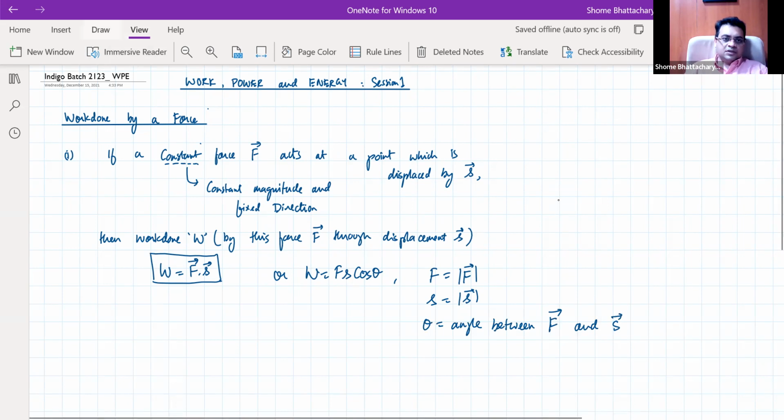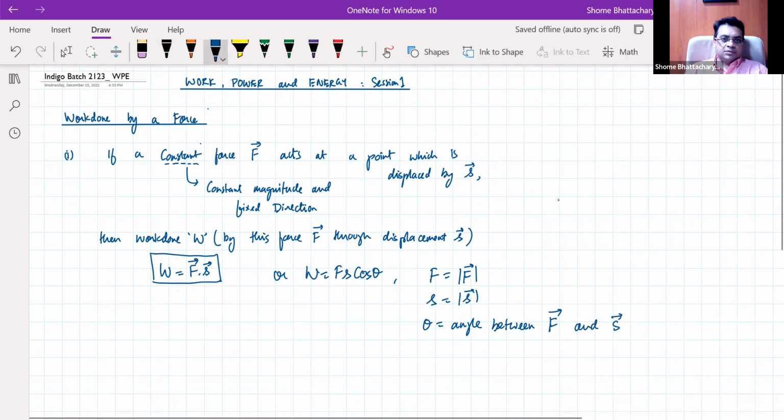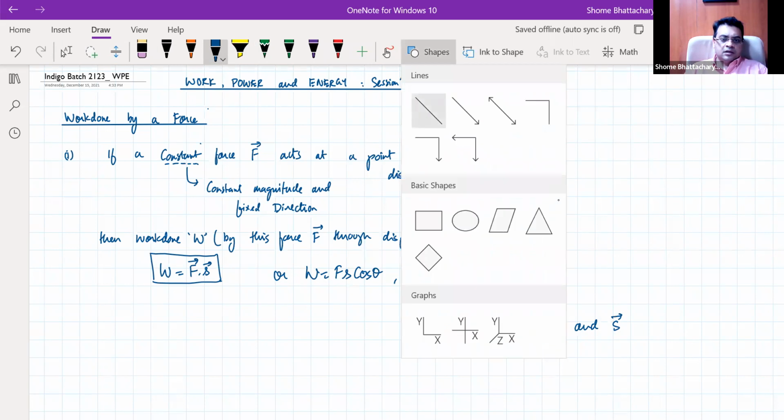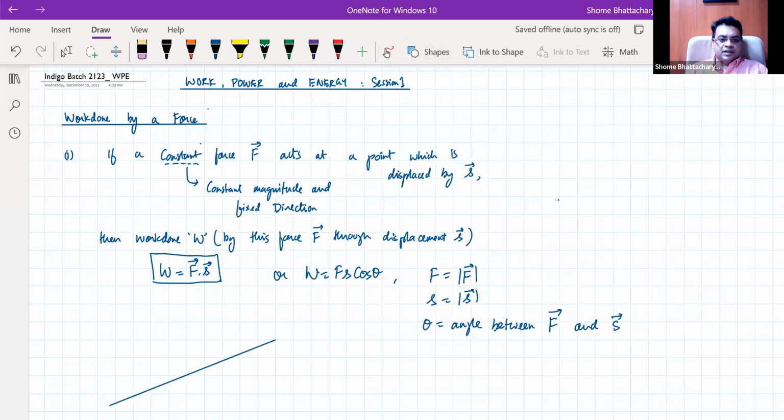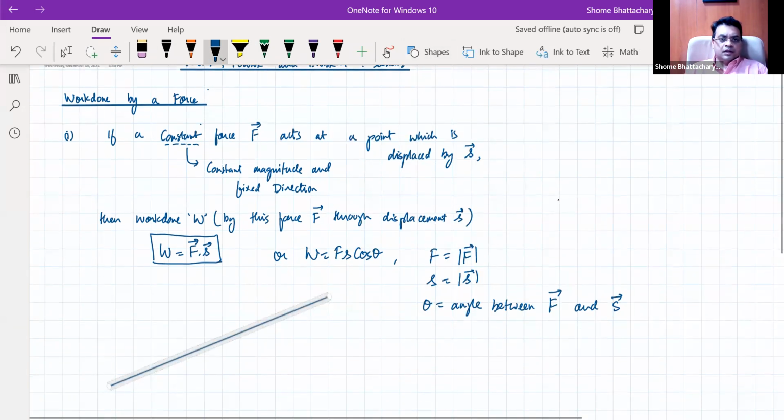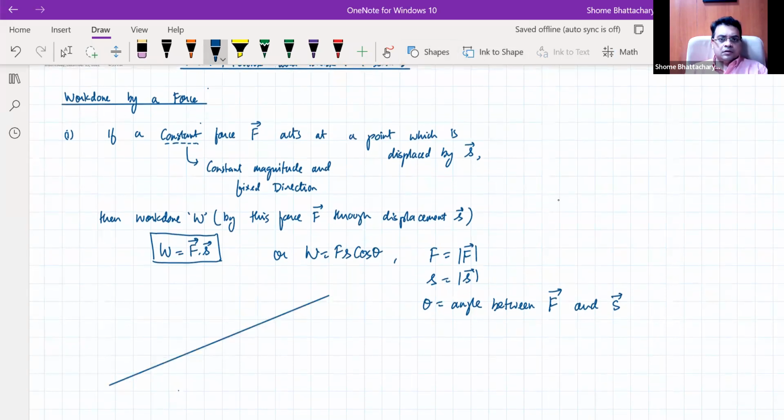Now, for example, suppose this is something that is happening: I have an inclined plane or something like this, and I've kept a block like this over here, at the position E. Now what I do is push this block along the inclined plane.